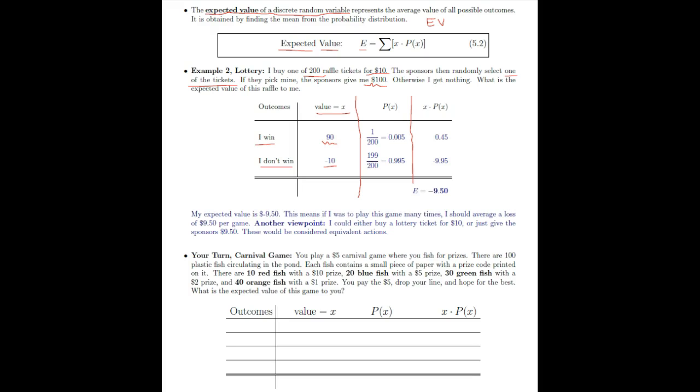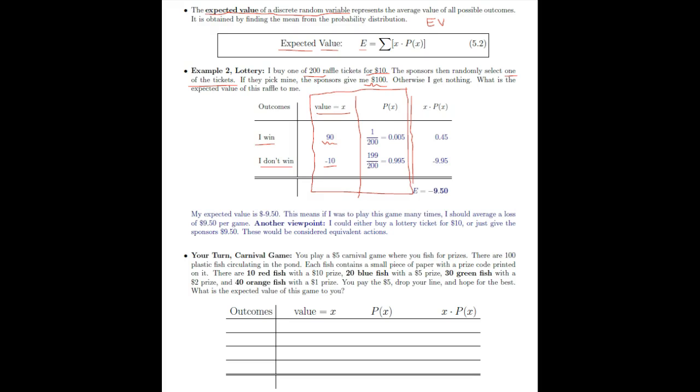You can leave that in fraction form, or you can put it in decimal form. And what's the probability of not winning? If only one ticket wins out of 200, then 199 tickets are all losers. So the probability of not winning is 199 out of 200, and you can leave that as a fraction or a decimal. And this right here is basically your probability distribution.